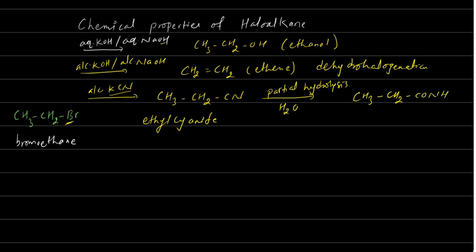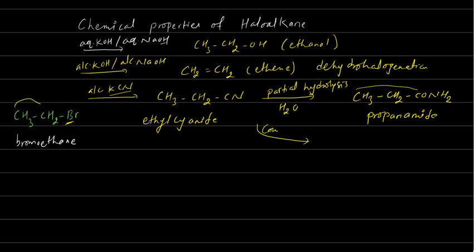This is propanamide. Here, starting from 2 carbons, the product formed is 3 carbons. So for an increase in the number of carbons, we can use alcoholic KCN.